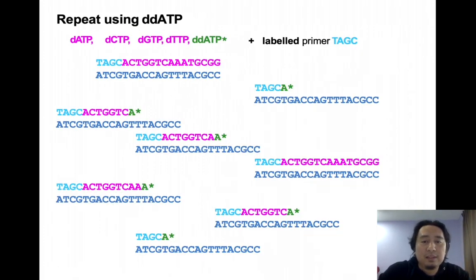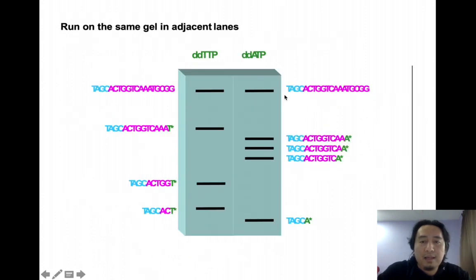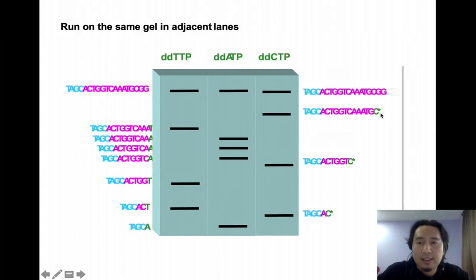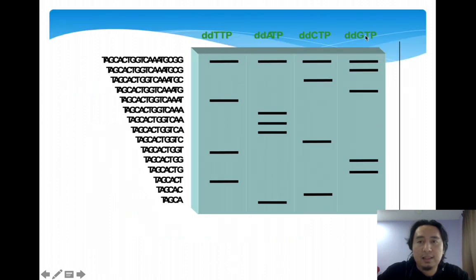Okay, same as before. This one recognizes only A. When it recognizes A, this is the full sequence from just now. So first A, second A, third A, and fourth A. It can be separated by gel electrophoresis. And for C as well, first C, second C, and third C. And the last one is G.